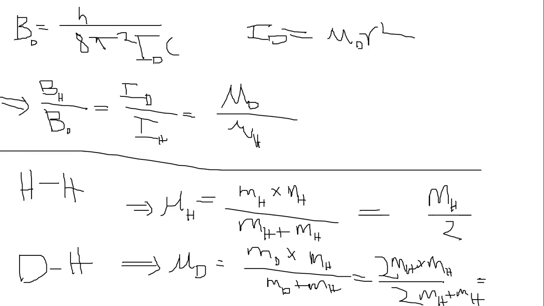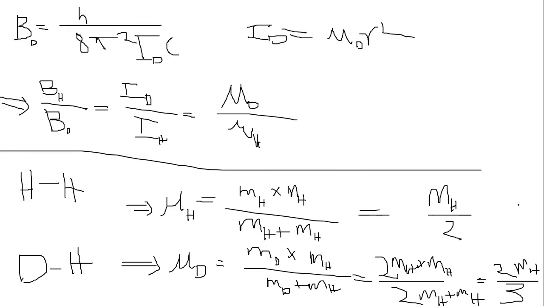So what will happen in that case? In that case, the effective mass will be 2mH square divided by 3mH, so it will be 2 by 3 mH.